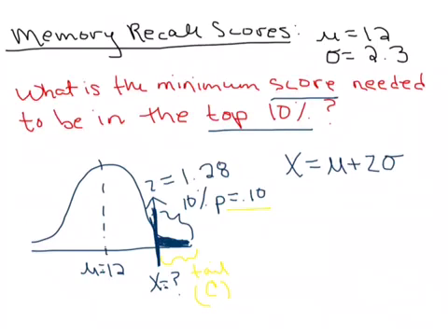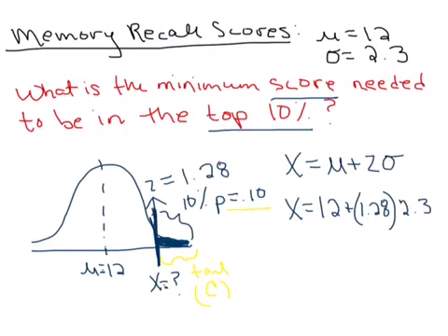You just have a couple extra steps. So we're going to find x now. We have everything we need. So x equals, we can plug in 12 plus 1.28 times our standard deviation of 2.3.